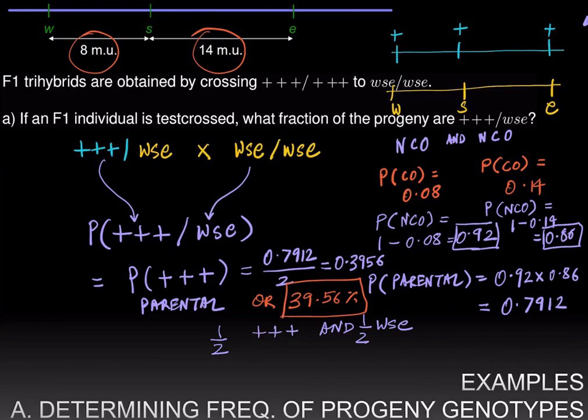Therefore, the fraction of progeny who are plus plus plus over WSE, which is the same as the fraction of progeny resulting from a plus plus plus gamete from the trihybrid parent, is 39.56%.